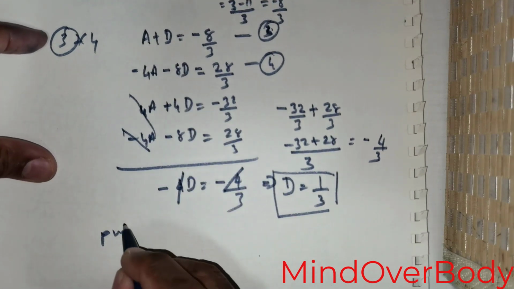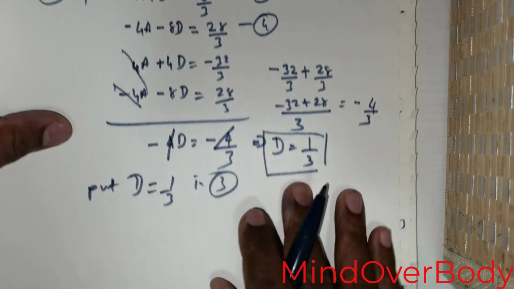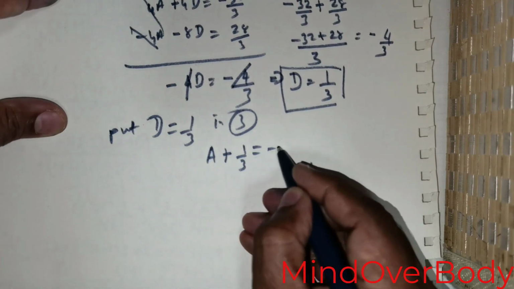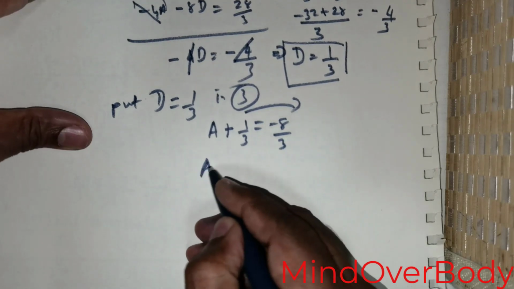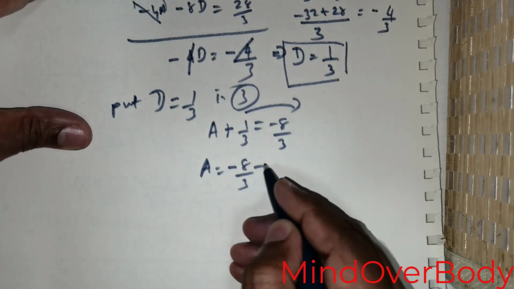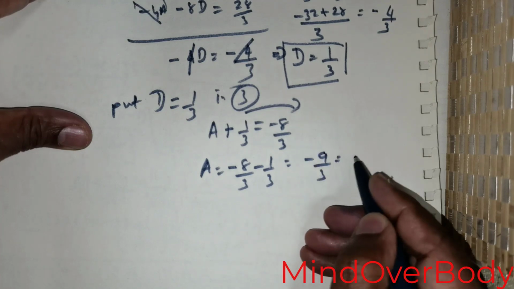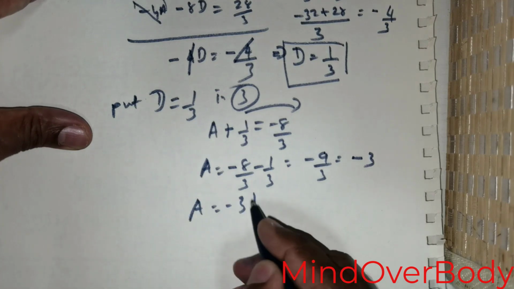So put my d is 1 over 3 in 3. So let's see what happens. So this is going to be a plus 1 over 3 is negative 8 over 3. I move this to the other side. I get a is negative 8 over 3 minus 1 over 3. This gives me negative 9 over 3, which is equal to negative 3. So my a is negative 3.